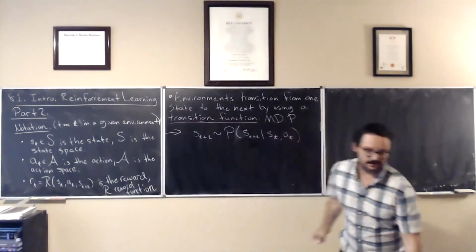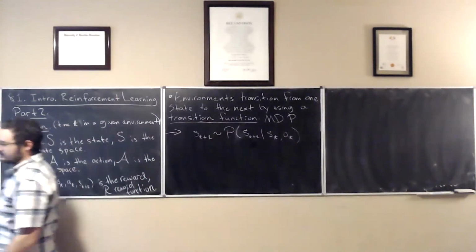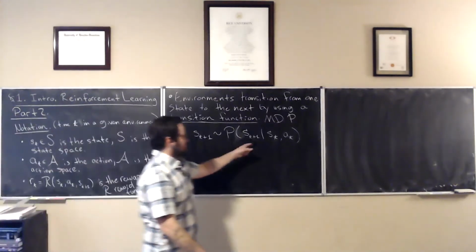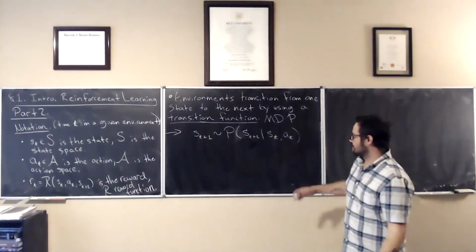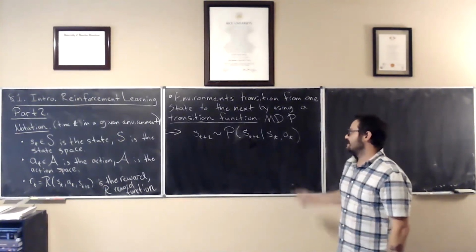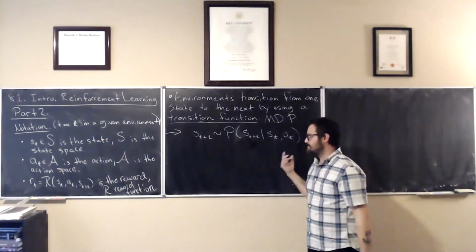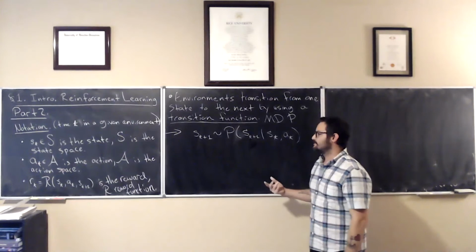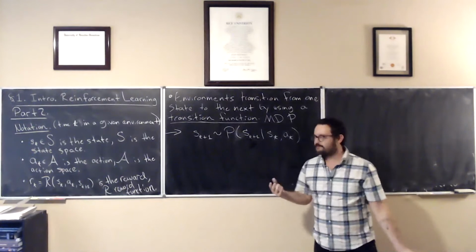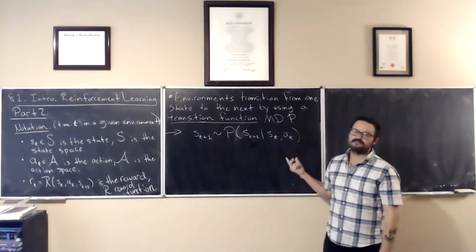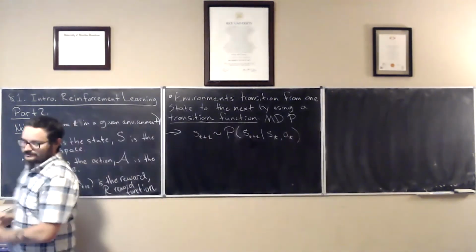So the states are chosen from some probability distribution of this conditional here. This is called the Markov property. Every sequential step before is going to somehow convey information about how the states transition. But it turns out that it's good enough just to look at the very previous s_t, a_t. We don't have to look back any further to get a new state when we choose it from this distribution.